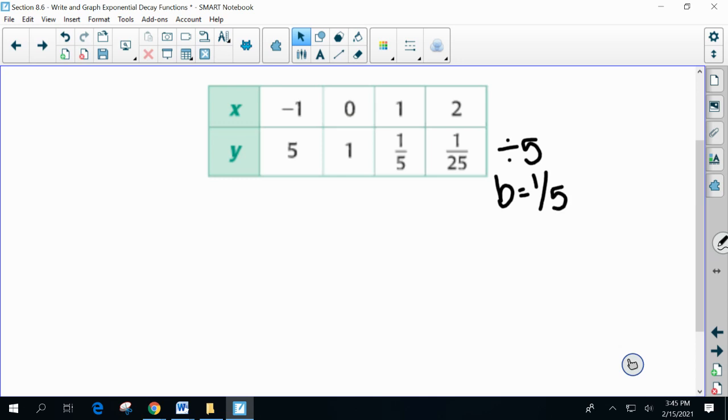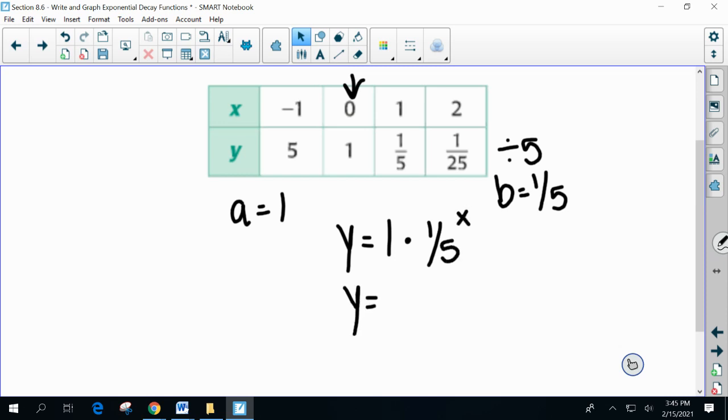And then our a value is whatever y is at x equals 0, so a in this case is 1. Again, our function would be y equals 1 times 1/5 to the x power. We don't have to have that 1 there, so we could just say 1/5 to the x power.